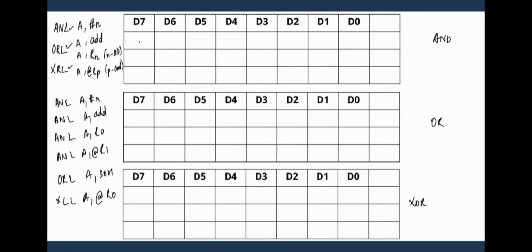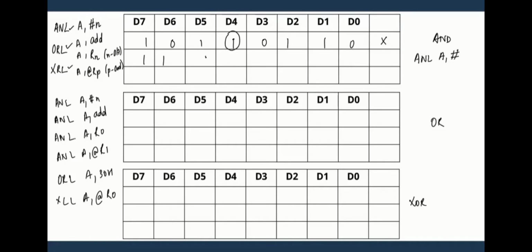What is the use of the AND operation in the case of this instruction? I am taking a random number, 10110, and we are going to set or reset a particular value. In ANL, we usually reset a particular bit. Suppose I take the D4th bit.